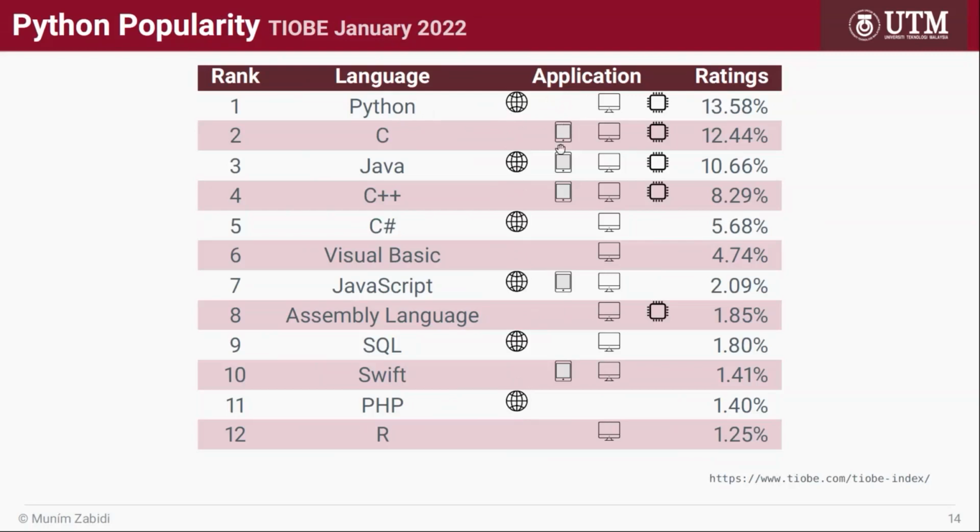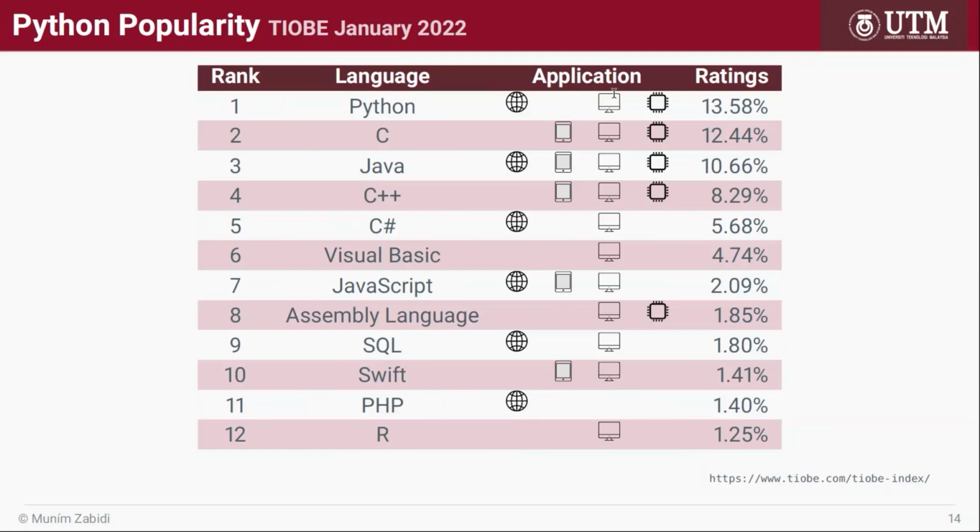And then the second column is mobile, so that looks like iPhone or iPad. So Python is not used. It's the only place where Python is not used. I don't think you can write Python code for Android easily. It's possible, but not easy. So for writing code for mobile, Python is not there. It's the only one that's missing.